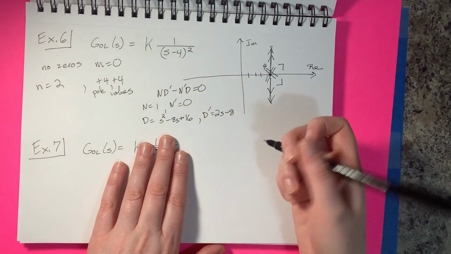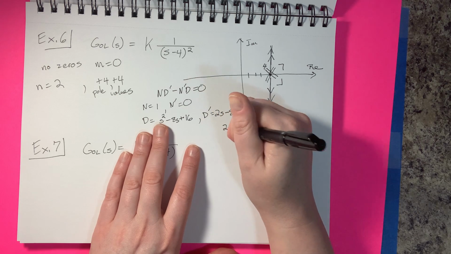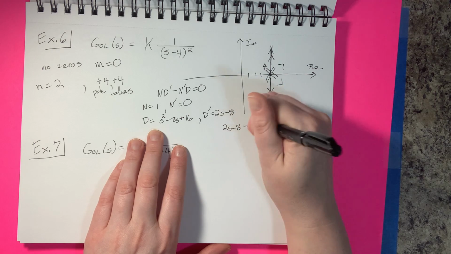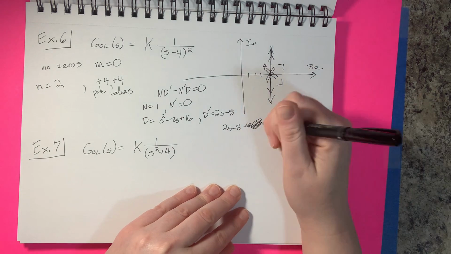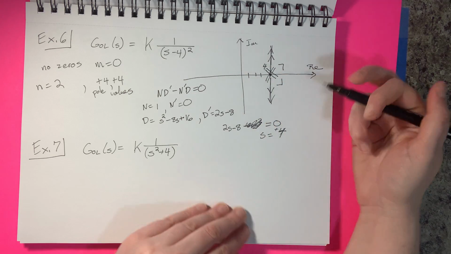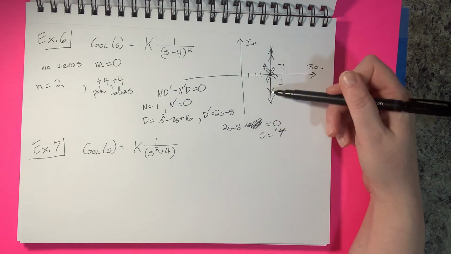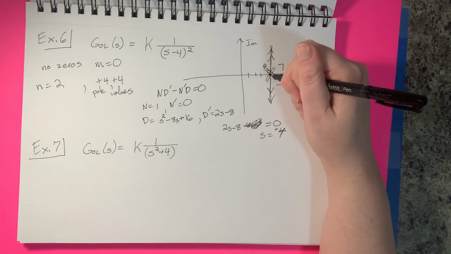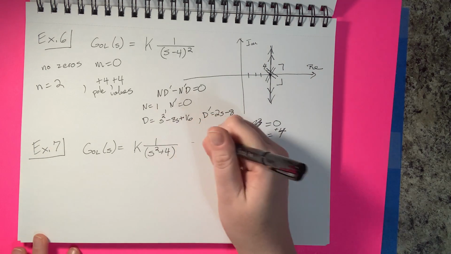Okay, if we plug this into the formula, then we would get 2s minus 8 minus s squared, that's multiplied by 0, and derivative is 0. So we could solve that, and we would get s equals +4. Okay, so there's only one solution, a single value for breaking out. Does this make sense for our plot? Yes, it does, because our poles are actually at 4, and this is where they should go. All right, so that's example 6.